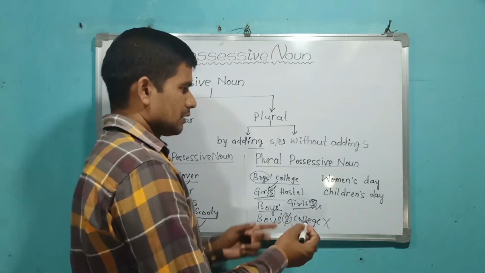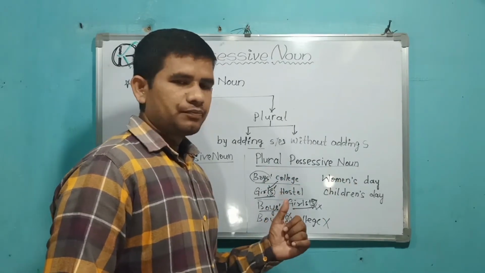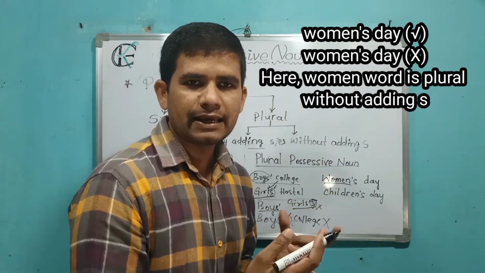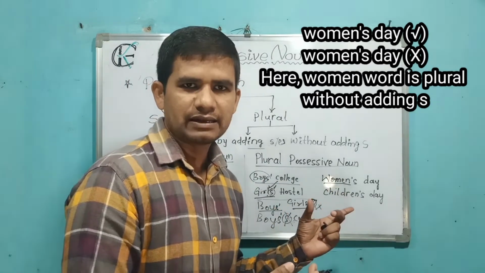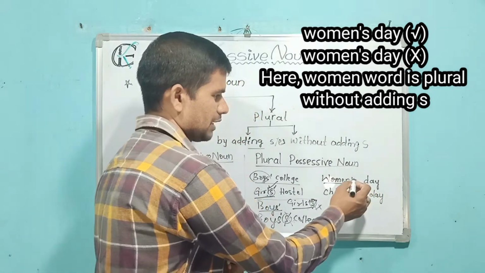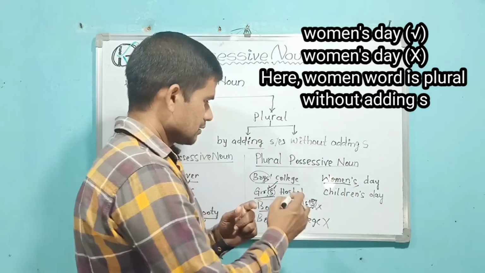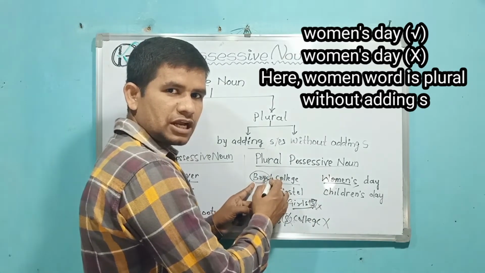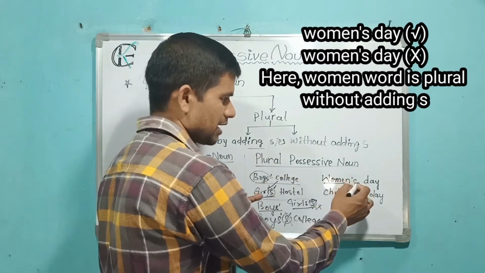Then coming to another example, women. This is already plural. Without adding s, this word became plural. So we can write apostrophe s in such a way, with the apostrophe inside. See, in this word the apostrophe is outside of the s, here it is inside of the s.